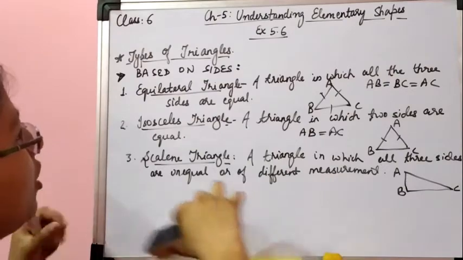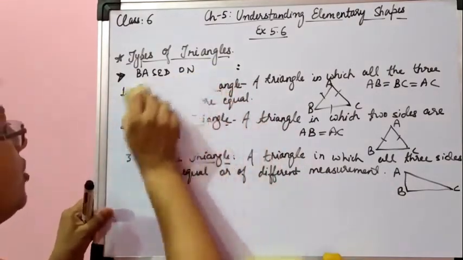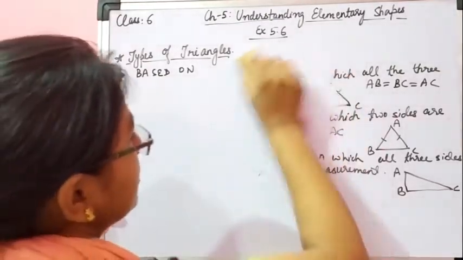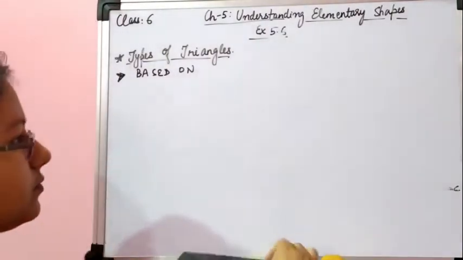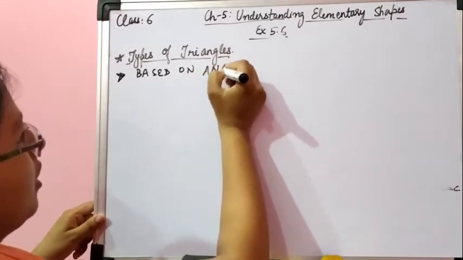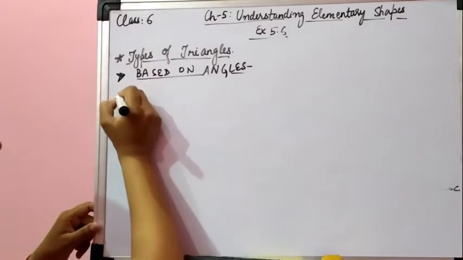Similarly, based on angles. Instead of sides, based on angles also we have three types of triangles. So let's see what those three types are. Based on angles, number one.